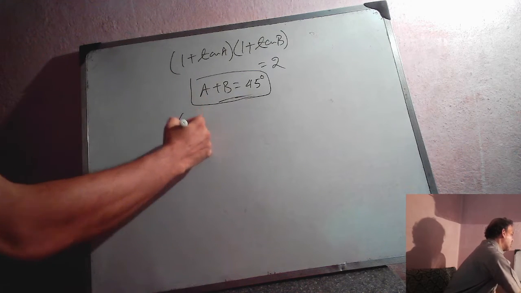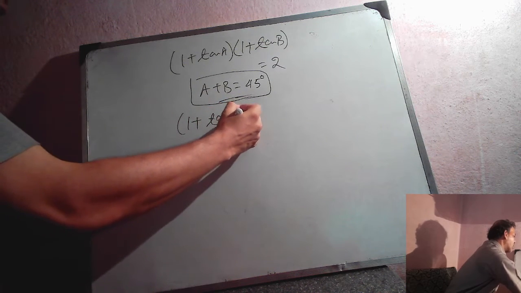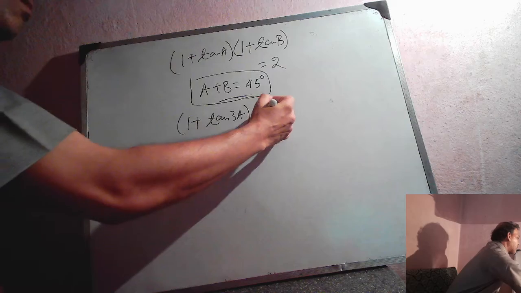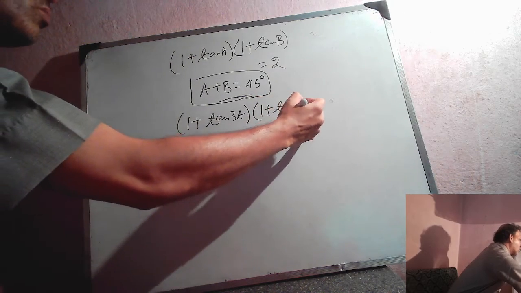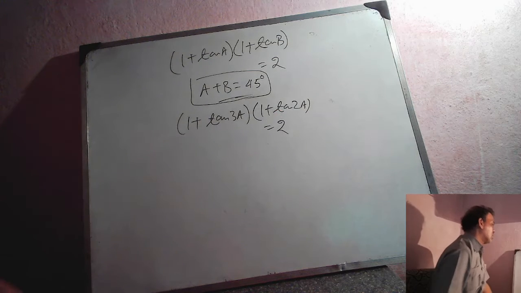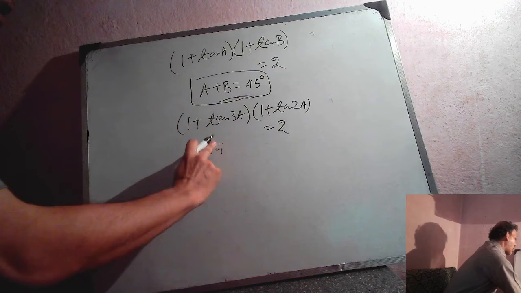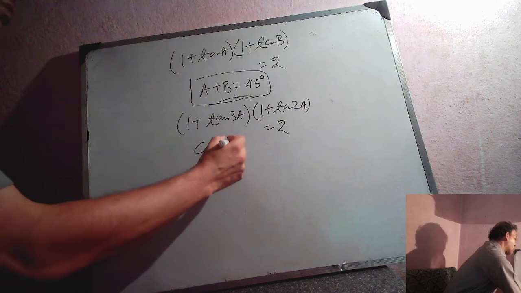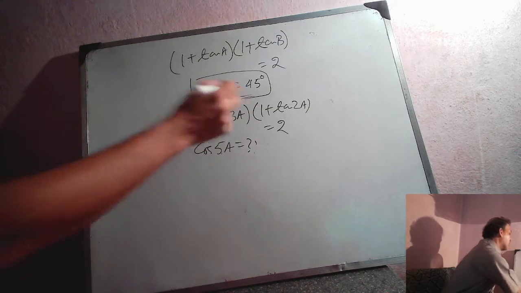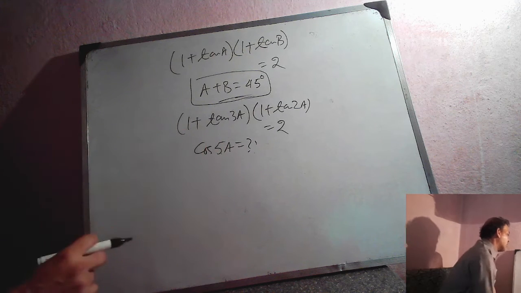Suppose it is given (1 + tan 3A)(1 + tan 2A) = 2. Find the value of cos 5A.